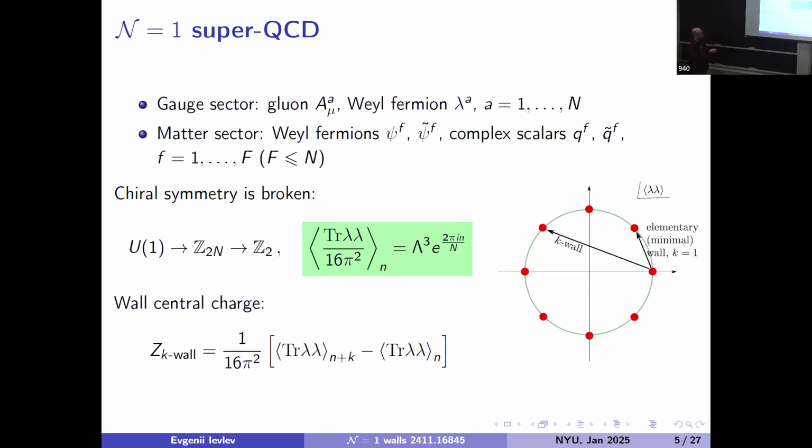Here, the role of the superpotential is played by these lambda-lambda condensates. As soon as you establish the existence of these domain walls, you can immediately write down the energy: the tension of this domain wall is just given by the difference of the lambda-lambda condensate on both sides of the wall. And you see it has the right dimensions, Lambda cubed.